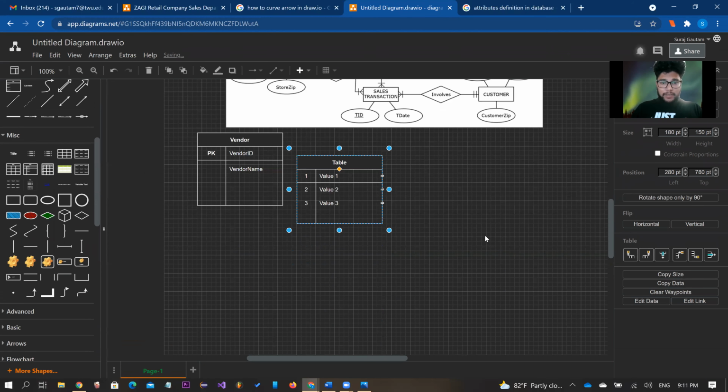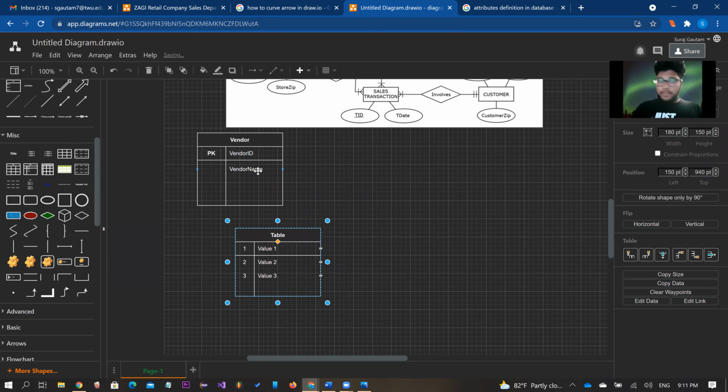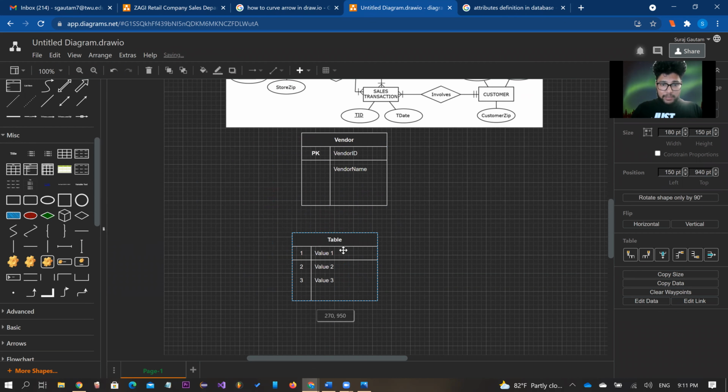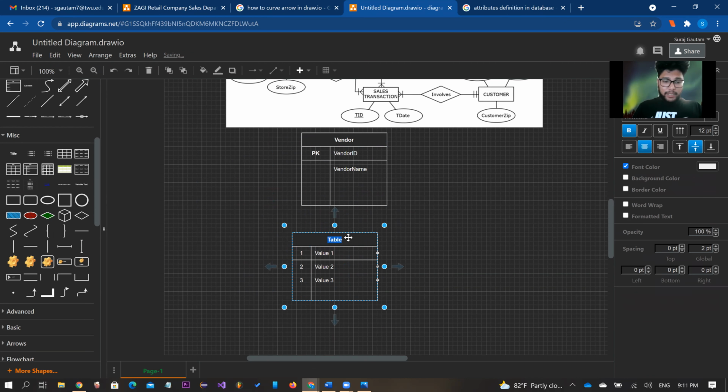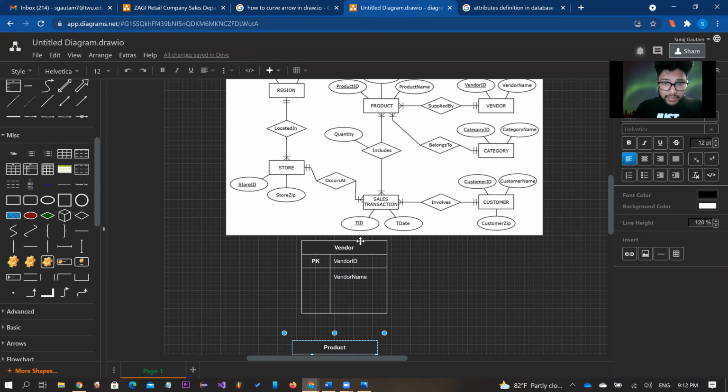Okay, for this, we're gonna make a product relation. So as we all know, product has its own unique attribute, unique key, which is the primary key, which we also call product ID. That's very unique than anything else, any attributes or entities in the diagram.